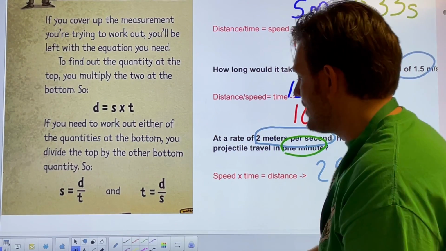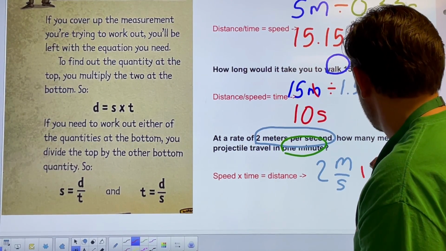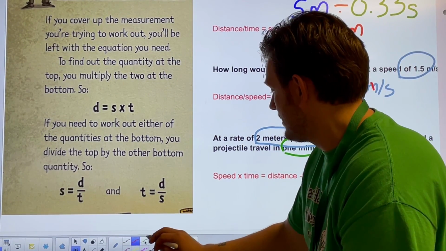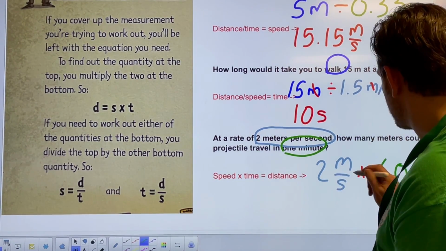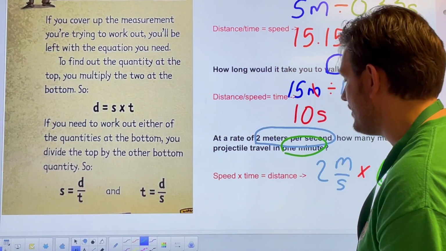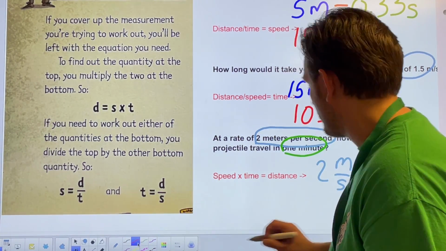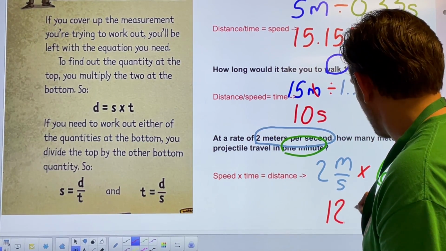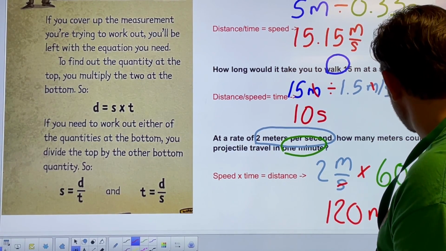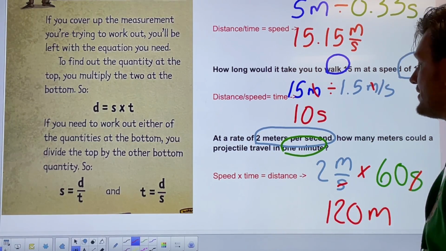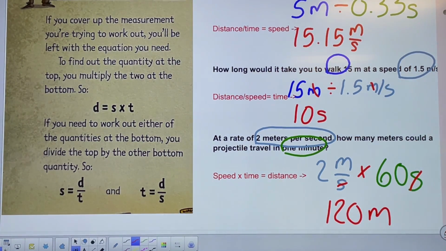So what I'm gonna do this time is multiply by the 60 seconds. And what's 2 times 60? You know that. It's 120, okay? 120 meters. So that's how far it would go because these little s's cancel out. So at a rate of 2 meters per second, how many meters could a projectile travel in 1 minute or 60 seconds? It's gonna go 120 meters.